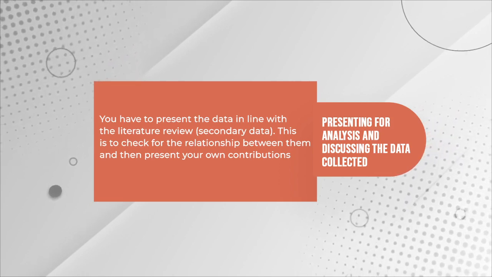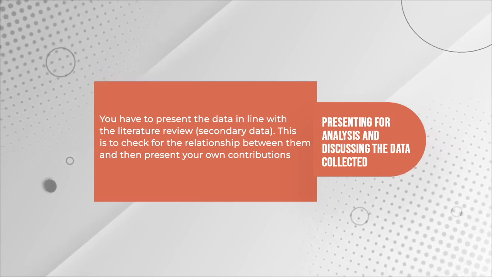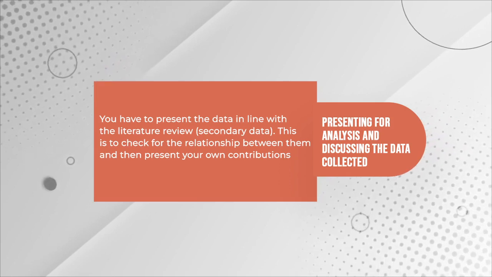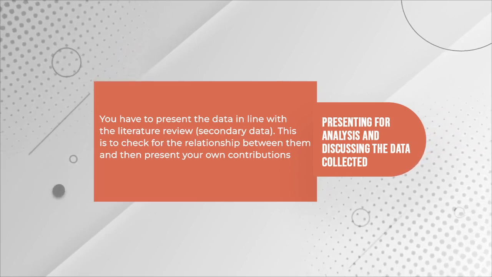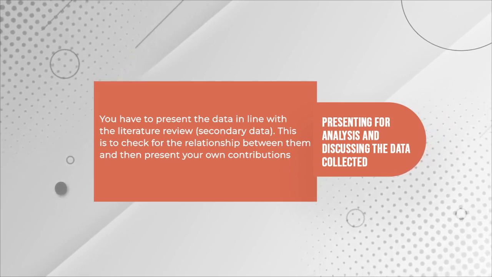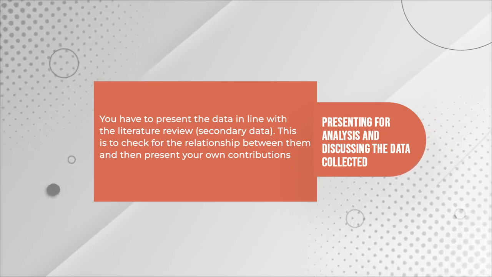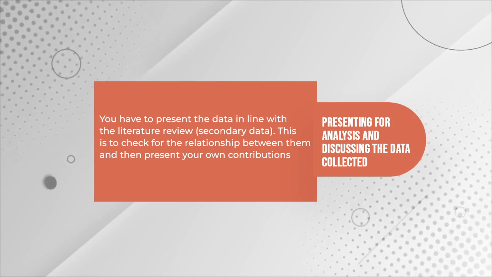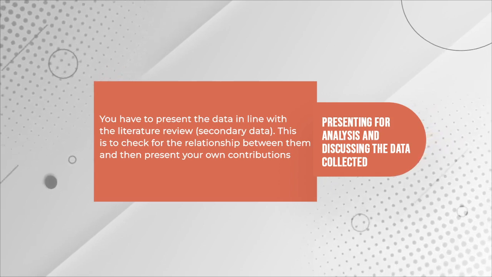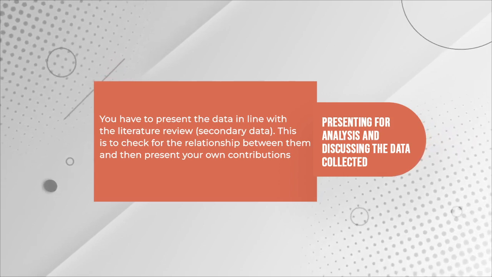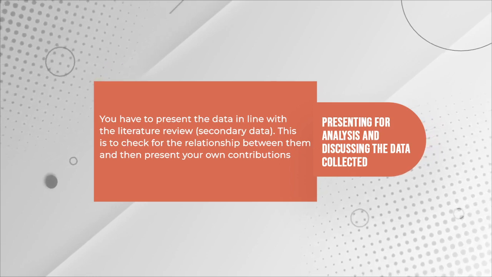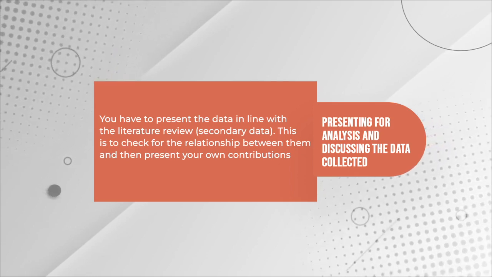Discuss the data that you now have in line with what people have done in the past, bringing up a kind of synergy between them, and then input your own contribution to the research: because of how you collected the data, what you found out from the data is so and so, in the discussion of the findings.